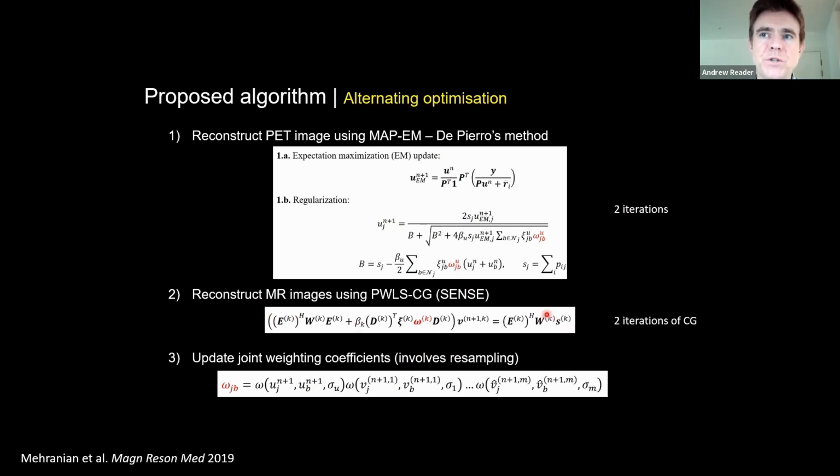And then what we do is a couple of iterations, for example, of conjugate gradient, gradient descent, whatever your favorite approach is, where what we're showing here is just the least squares problem, written as the normal equations. So I refer you to the talk from last week. This is the solution for the MR reconstruction, where we're just basically seeking to invert. This is like A transpose A, and this is like the Tikhonov penalty.